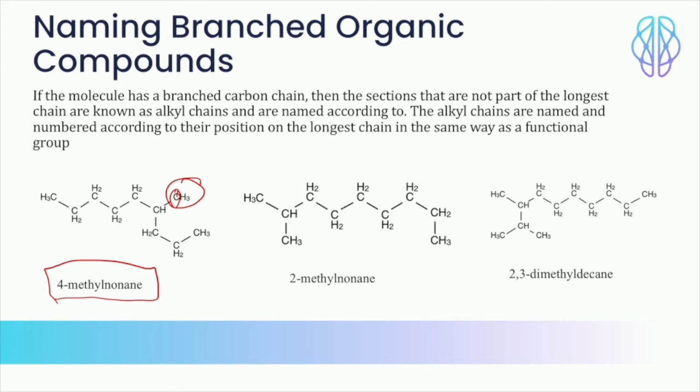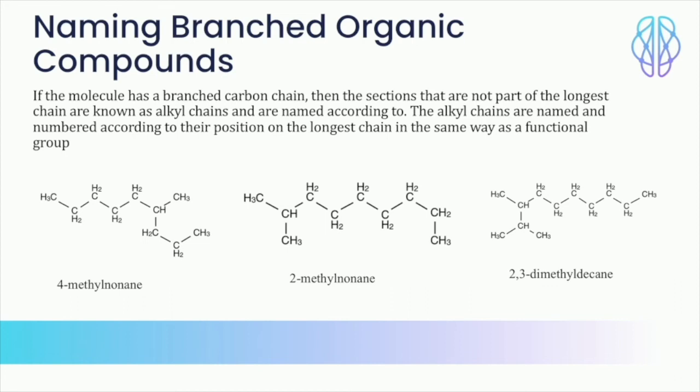So 1, 2, 3, 4, 5, 6, 7, 8, 9. Or I can also go this way. So this is also a chain. 1, 2, 3, 4, 5, 6, 7, 8, 9. It doesn't matter. Either way, the longest carbon chain is 9 carbons long. All that matters is where the functional group is.